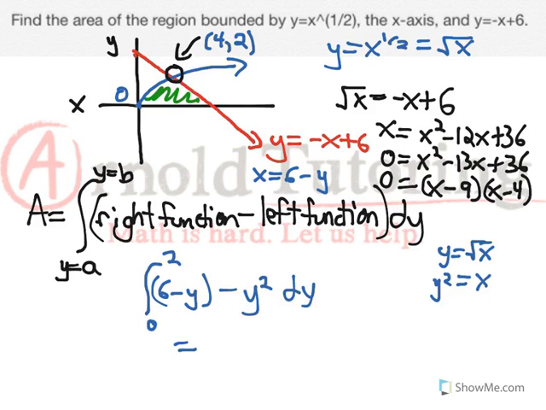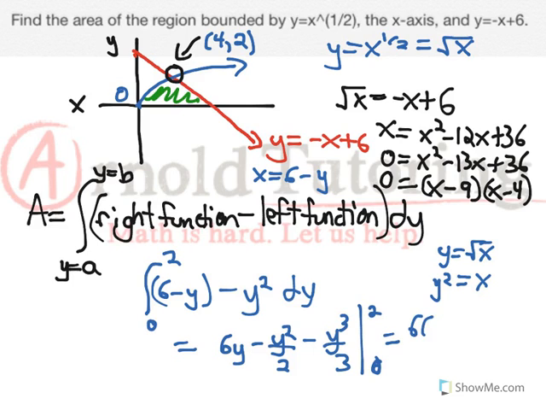Now we're ready to integrate. This is just a simple polynomial, so we go up a power: 6y minus y squared over 2 minus y cubed over 3, evaluated from 0 to 2. Plugging 2 in for y, it's 6 times 2 minus 2 squared over 2 minus 2 cubed over 3. Then we subtract plugging in 0 for them all, which is just 0.